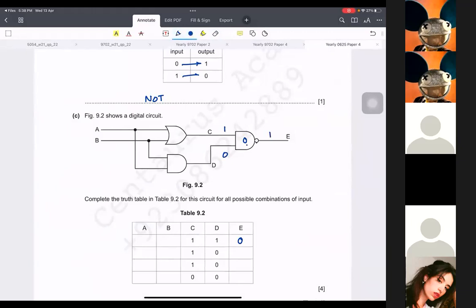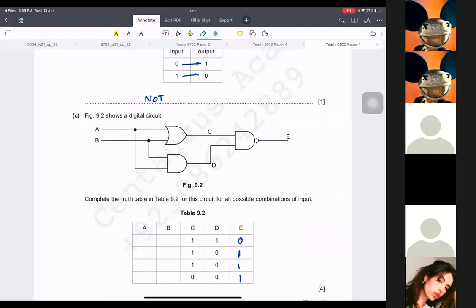So that would be 1. This is also the same, because if this is 1, 0, this will be 0 and this will be 1. And 0 and 0 will be 0, so it will change it to 1. So all of them are 1 except for the first one. So we filled the first table.